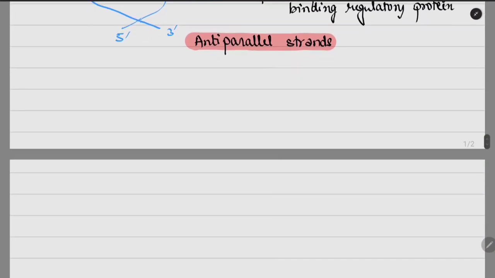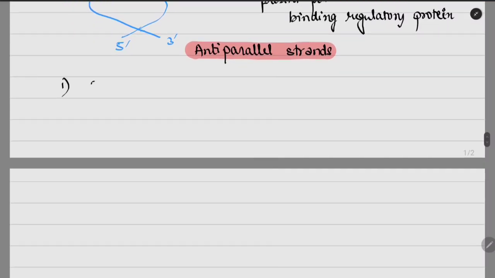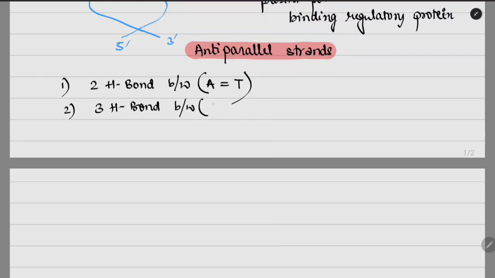Okay. Now the bonds which are forming here. There are 2 patterns of bonds regarding the 4 nitrogenous bases. That is, 2 hydrogen bonds between adenine and thymine, and another one is 3 hydrogen bonds between cytosine and guanine. Here, with adenine and thymine, one is a purine and one is a pyrimidine. So what are purines?